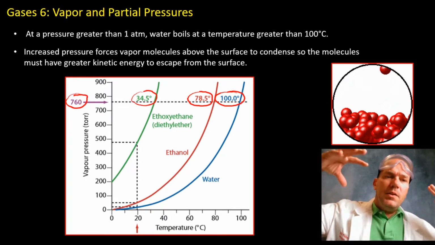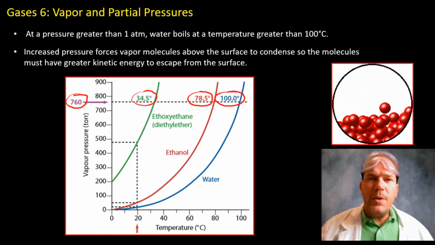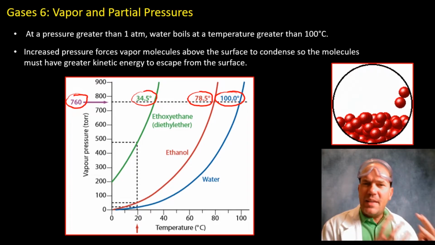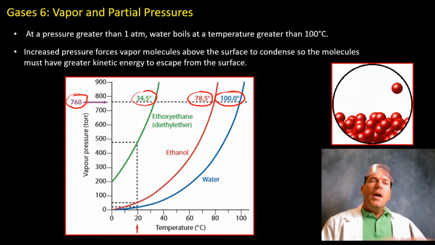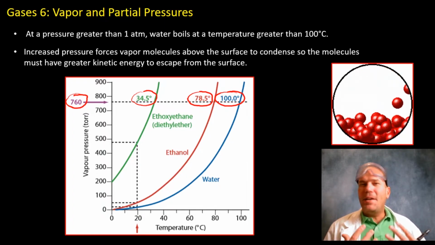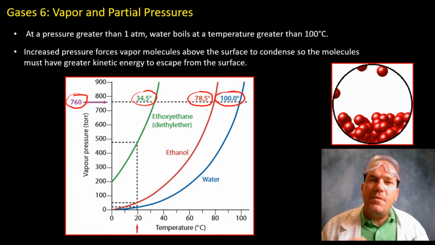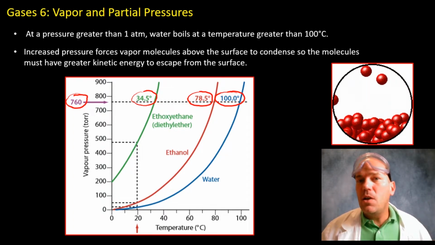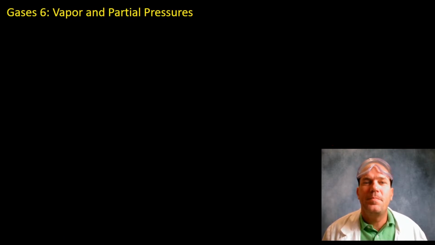But increased pressure is going to lead to an increased boiling point. So think back about comparing the Dead Sea and the boiling point of water to a location on planet Earth, the summit of Everest, that has a very low atmospheric pressure, and thus water boils at a much lower temperature, a mere 70 degrees Celsius.